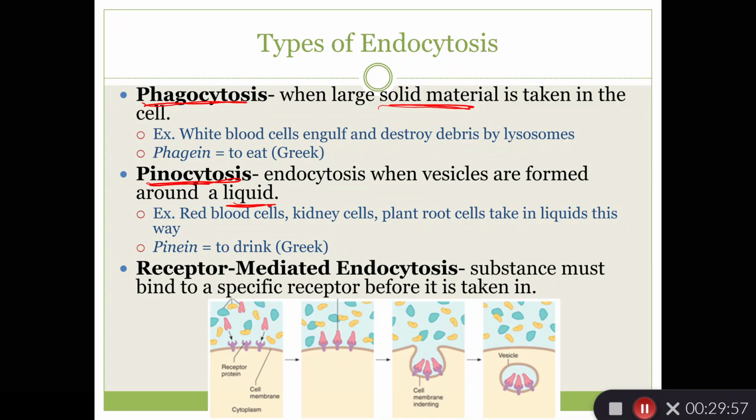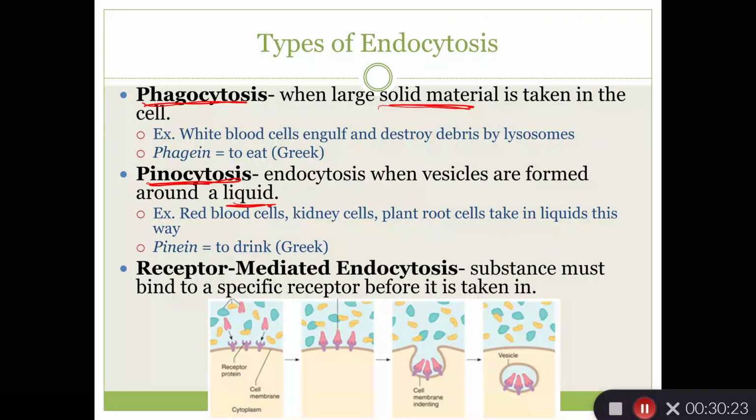So look at phagocytosis. White blood cells, like your immune system cells, will engulf and destroy the debris of lysosomes. They will bring it in and eat it. Pinocytosis, it says red blood cells, kidney cells, and plant root cells take in liquids this way. So P-I-N-O, pino, is to drink.